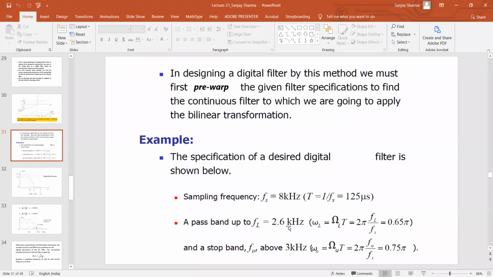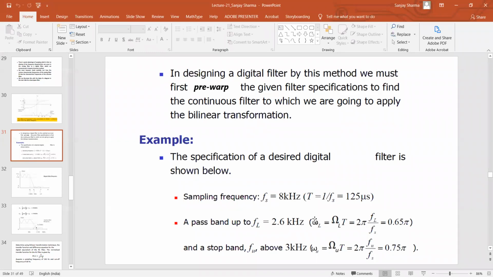so 2.6 kilohertz is the desired. This is the digital frequency that we'll get: omega L equals 2 pi f L by fs. Let me try to explain again. Fs is the sampling frequency, which is 8 kilohertz.